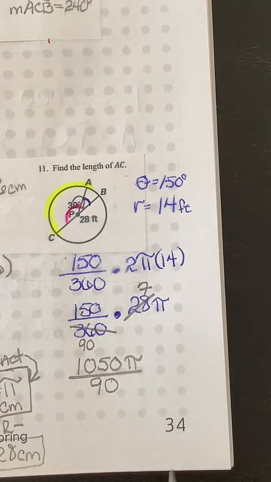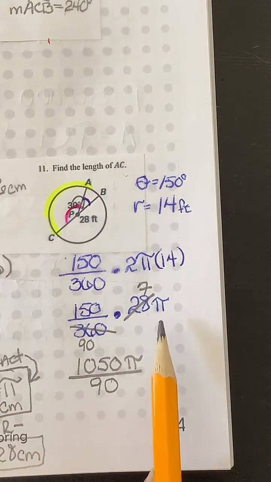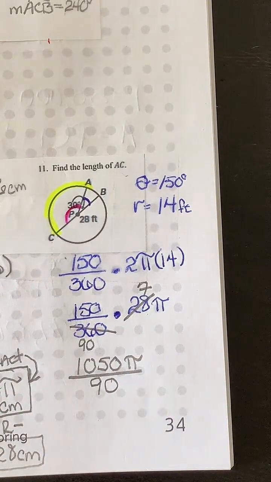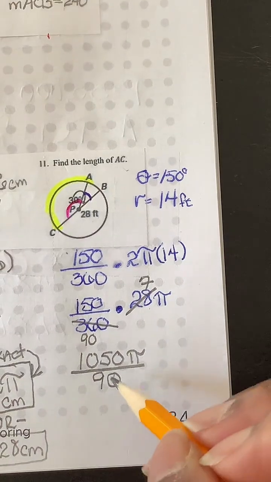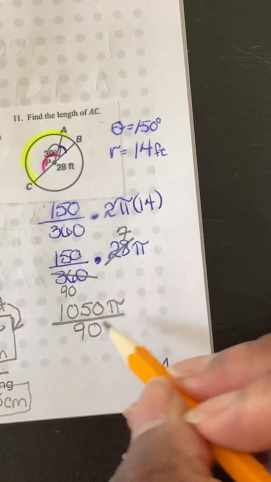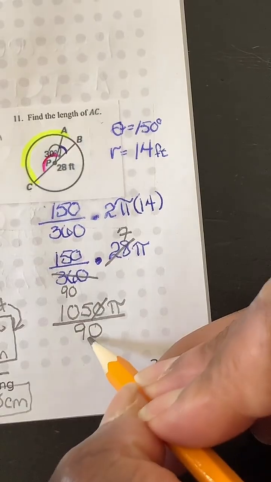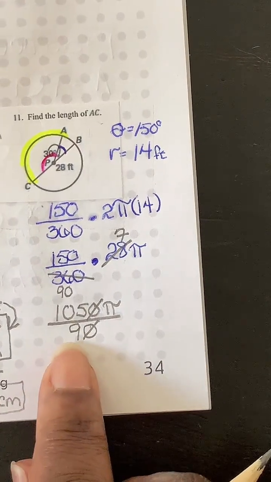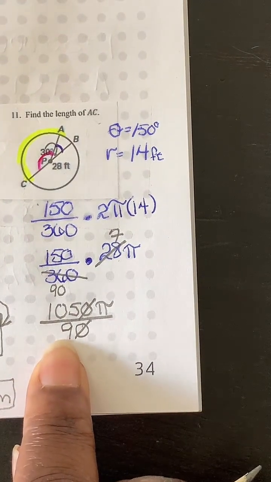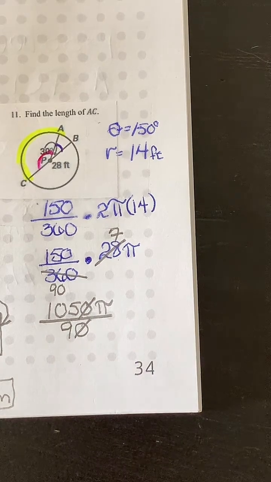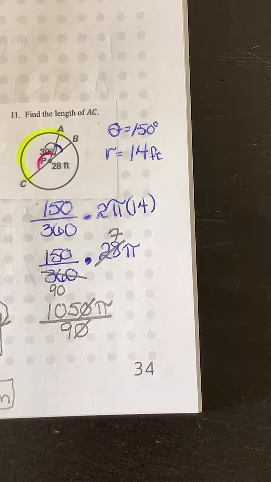If I have my 150 over 90, this is a little trick that I have. If they both end in zeros, we can cancel out the zeros to make the numbers even smaller. Because sometimes a lot of us just get intimidated by the large numbers.